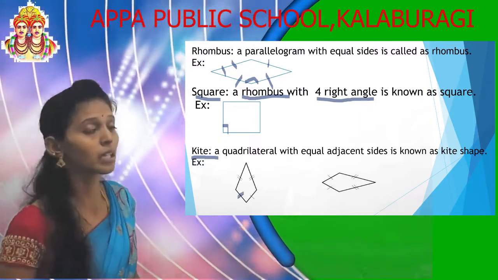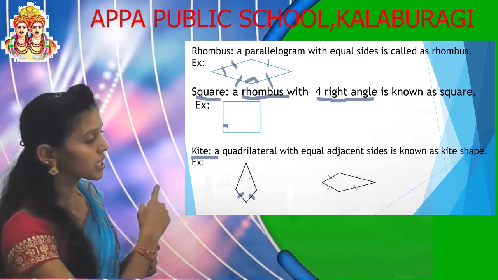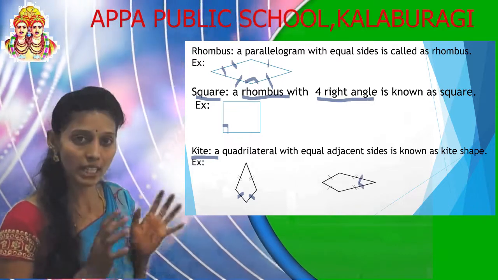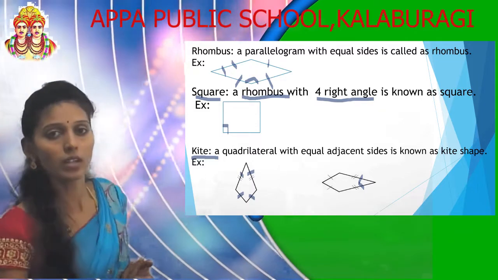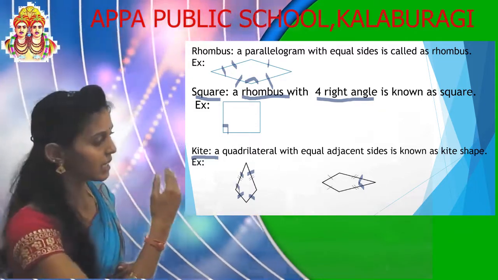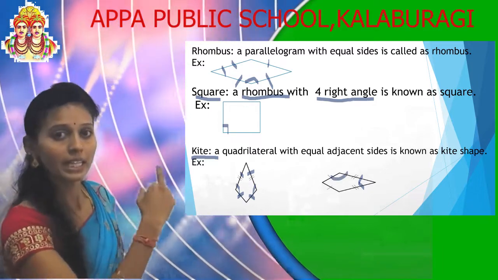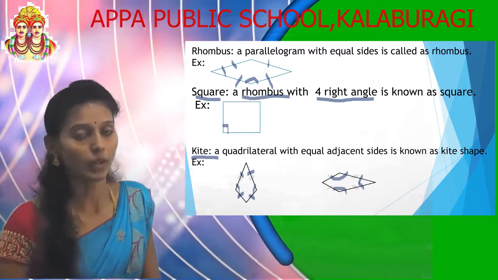Here we are going to deal with adjacent sides. You can observe in the shape. In a kite, two adjacent sides will be equal. Along with that, their corresponding angles also will be equal.